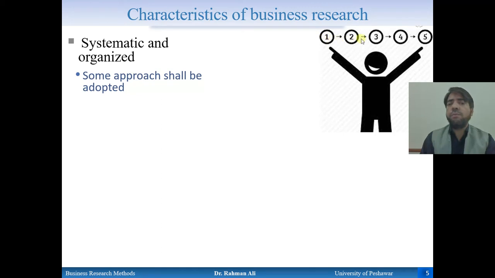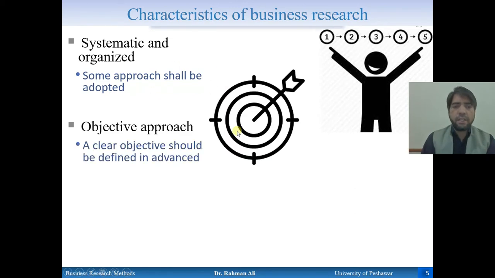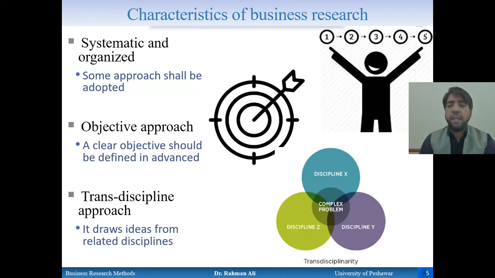You must follow the sequence which is well established and well agreed upon by researchers and scientists in the field of business. The second characteristic is that this research must be objective oriented. You cannot do research if you are not clear about what you are going to do. So this is one of the key characteristics, that it must be objective oriented.